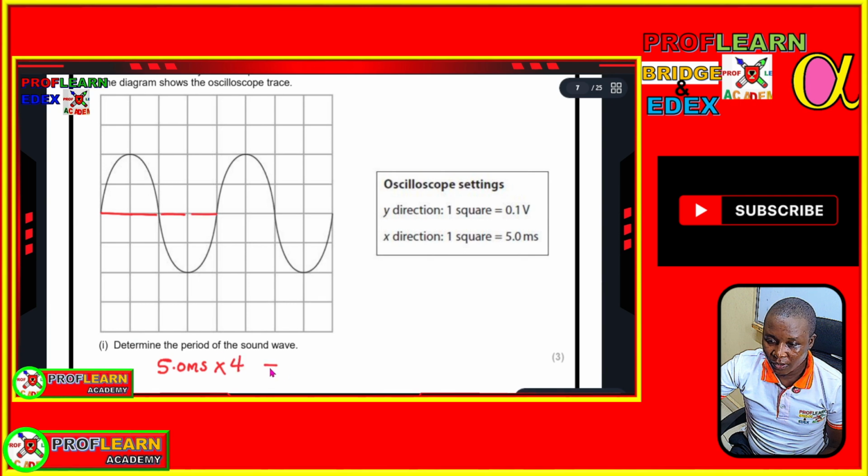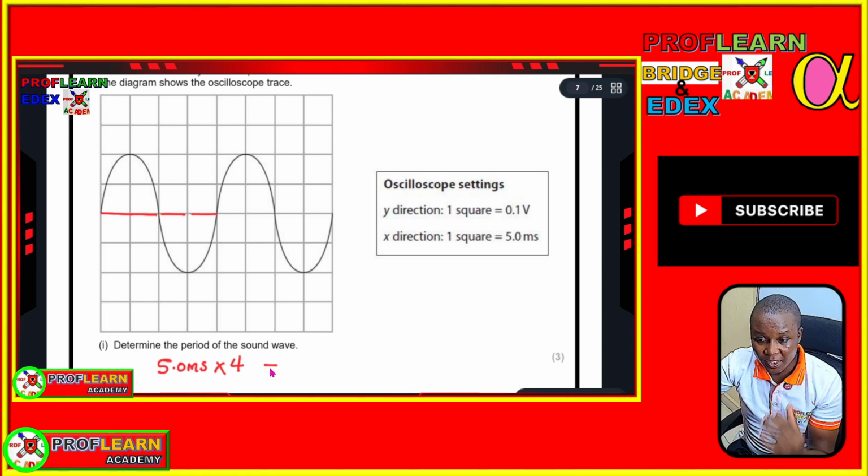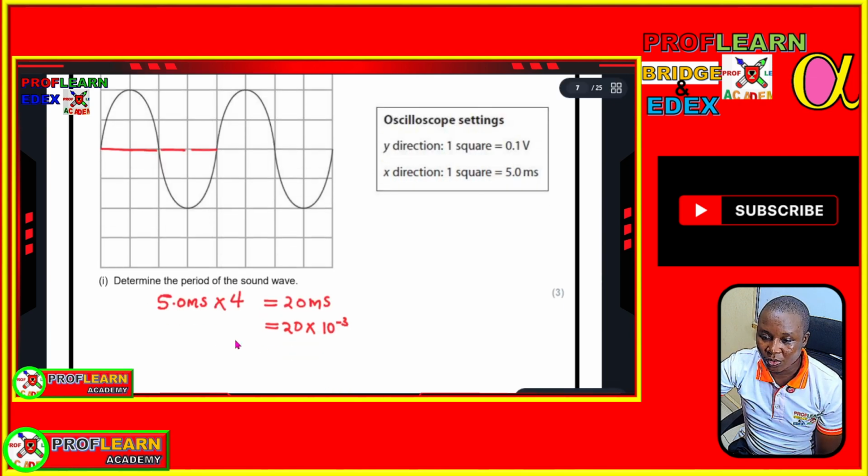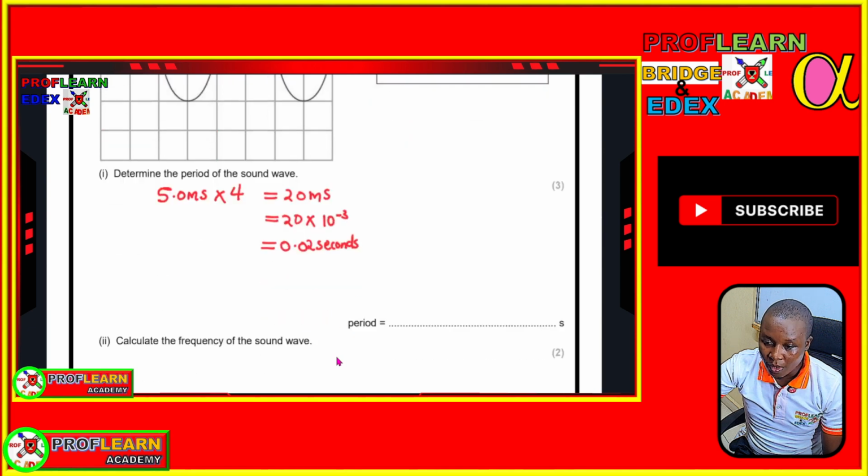So it's going to be 5.0 milliseconds times 4, because 4 boxes is what we have in order to have a complete cycle. That translates to 20 milliseconds, and converting milliseconds to seconds, we multiply by 10 raised to the power negative 3, which gives 0.02 seconds. Right, so we have the period.